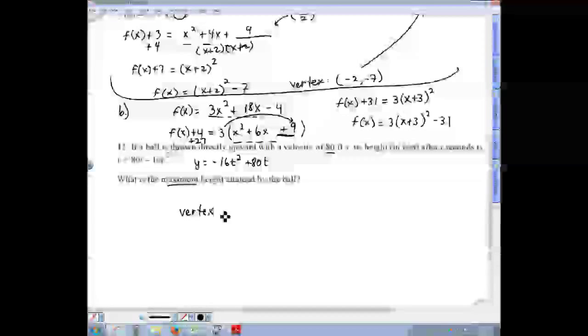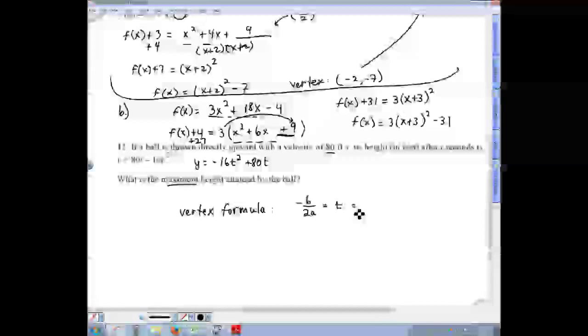But there's perhaps an easier or quicker way. This was also introduced in lesson 3.1. There's a vertex formula: the opposite of b divided by 2a. But you've got to remember, this is equal to the x value of the vertex. In this case, we don't have x values. We have t values, so this vertex formula is going to give you the t value of the vertex, where t is in seconds.